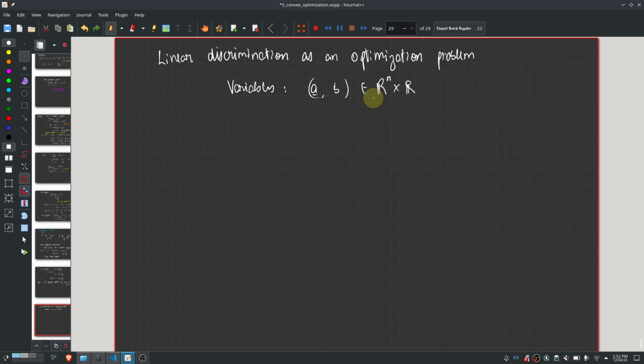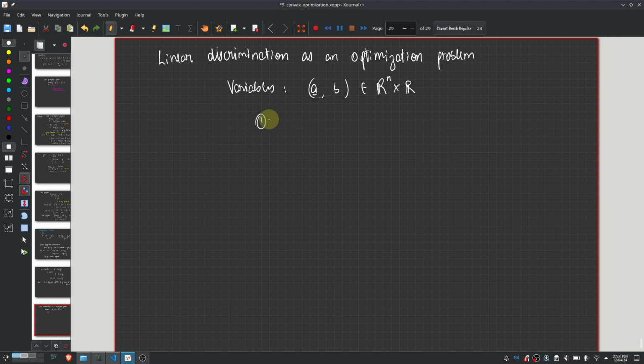You're already given the two sets of points, x1 through xn and y1 through ym. So it's easiest to start with the constraints. What are the constraints? Okay, so let's start with that.